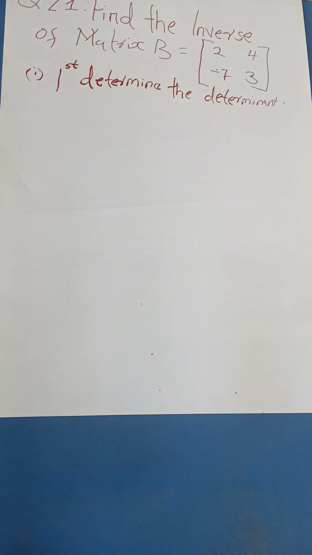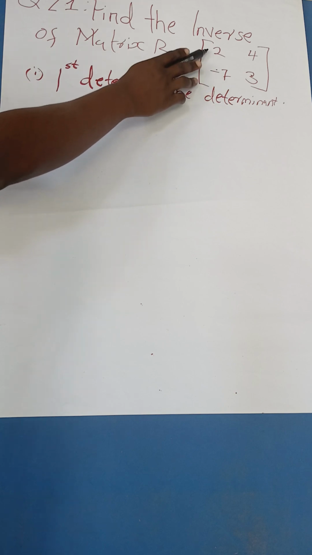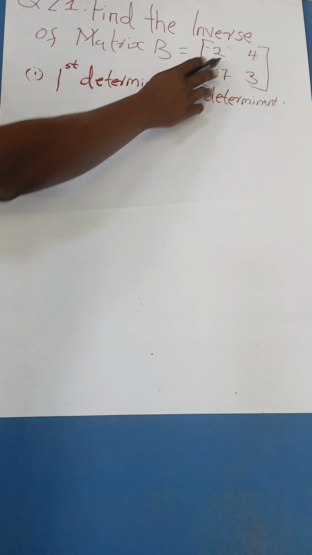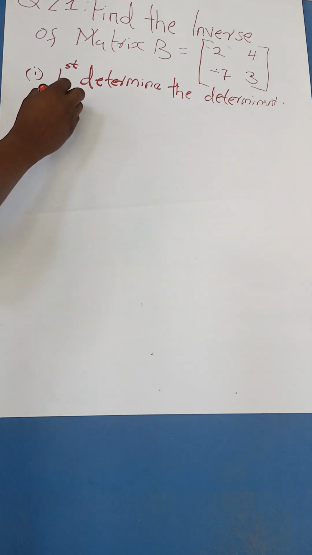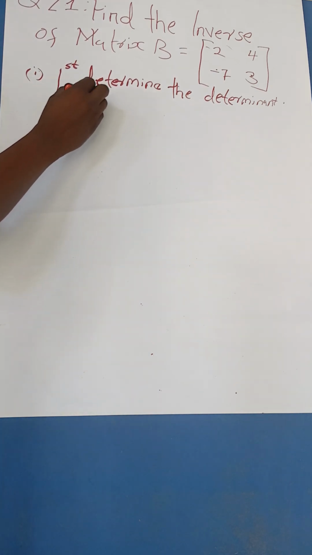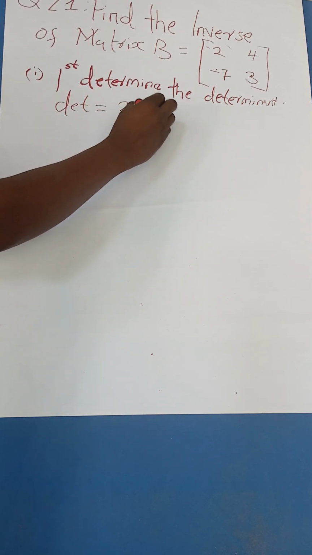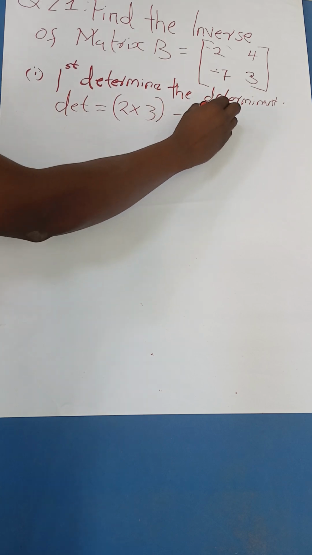And from our previous discussion, we said very well, for the determinant we are going to multiply 2 by 3, minus the major diagonal, you minus the minor diagonal. Good. So the determinant for this case will be what? The determinant will be 2 multiplied by 3, minus 4 multiplied by negative 7.